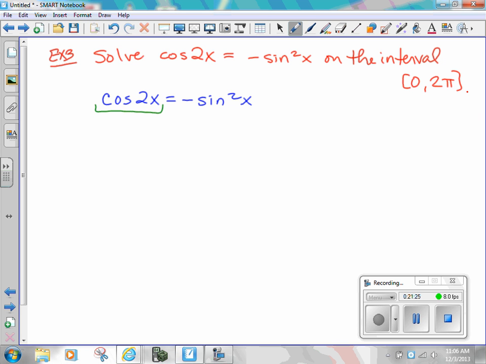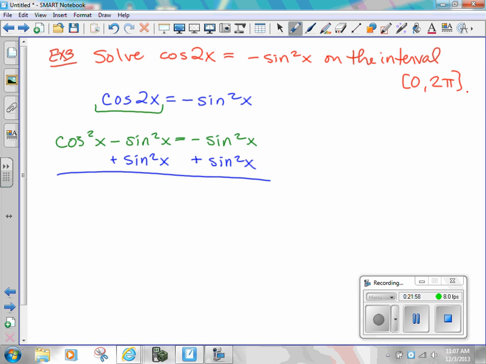Cosine squared x minus sine squared x. Is everybody okay with that? All right, let's use it. Is this right? What now? Oh, look at that.